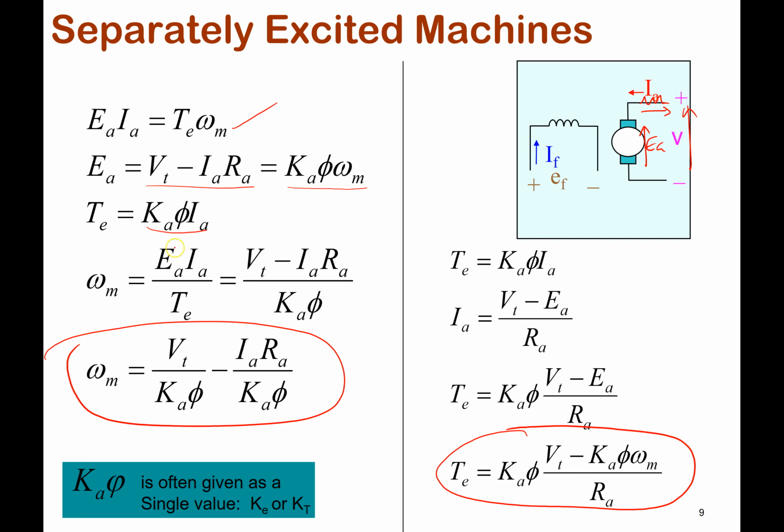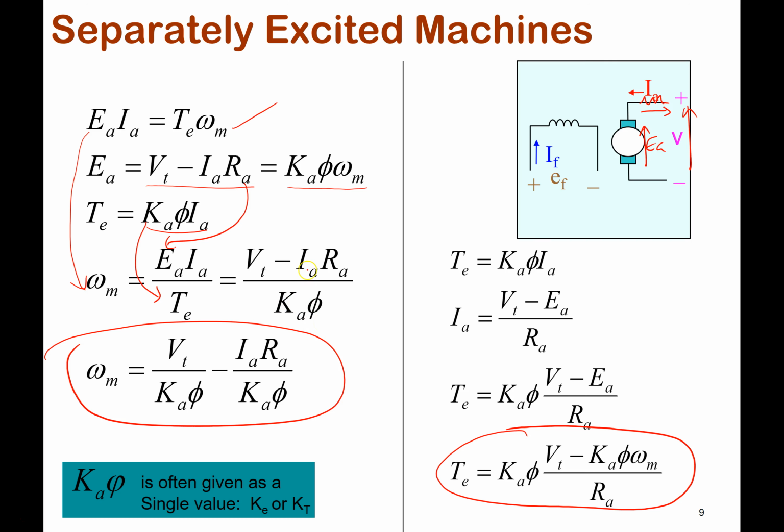So I could substitute now for EA and for TE in this equation. This comes straight out of here. I just make omega m the subject of the formula, and I substitute for EA in here, and I substitute for TE here, and I end up with VT minus IARA on Ka phi.